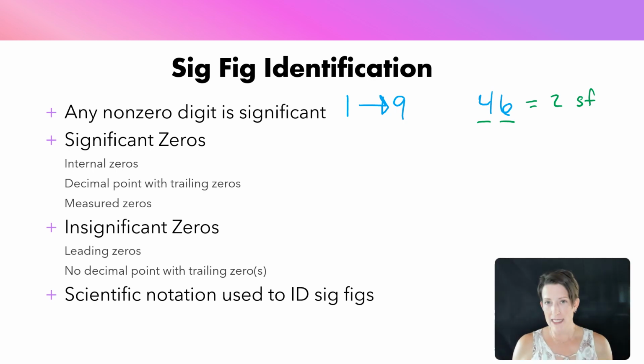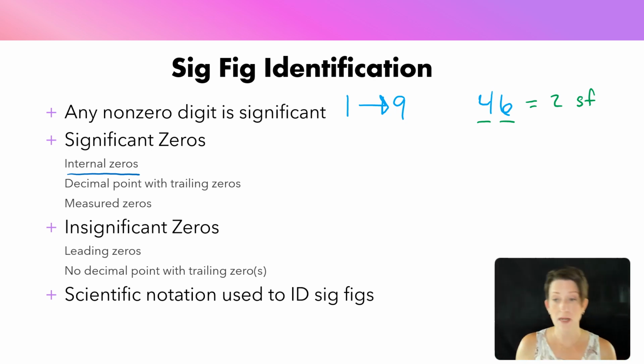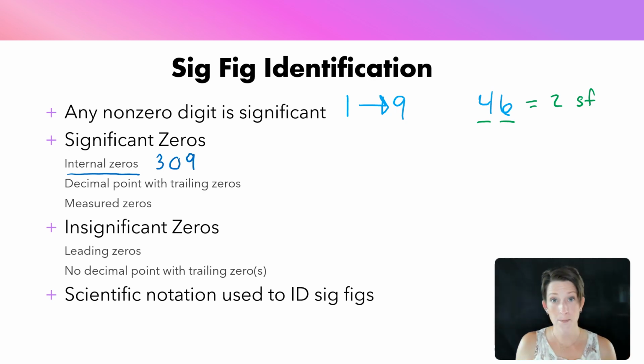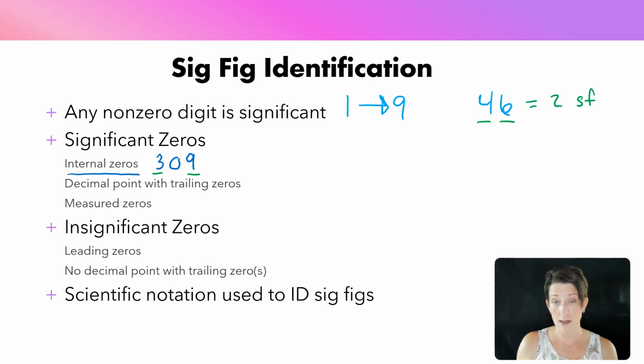So we have significant zeros and we have insignificant zeros. Talking about the significant ones first. To have a zero that is significant, it needs to fall under one of these categories. First, internal zeros. Sometimes they are called sandwiched zeros. So like 309. We know that the 3 and the 9 are significant.